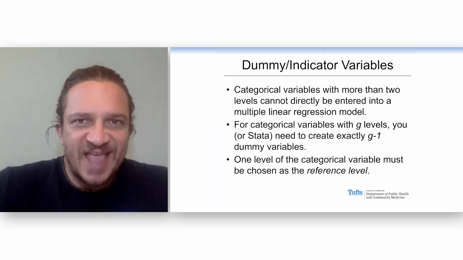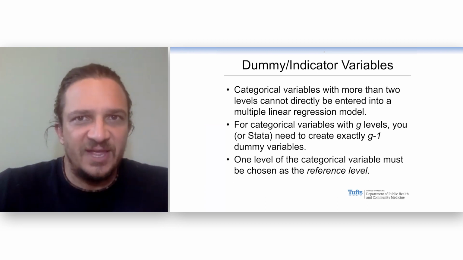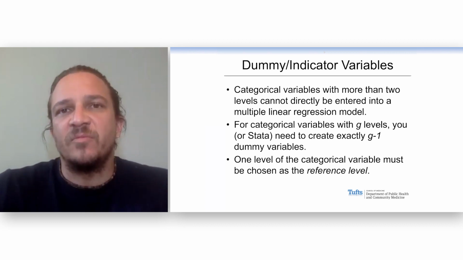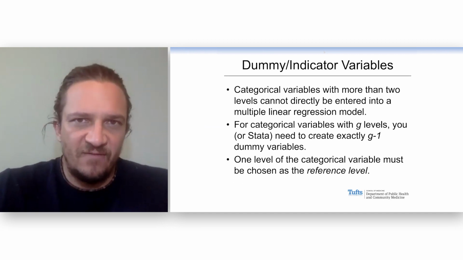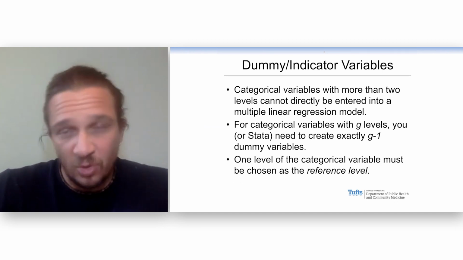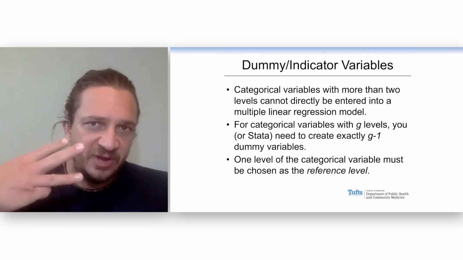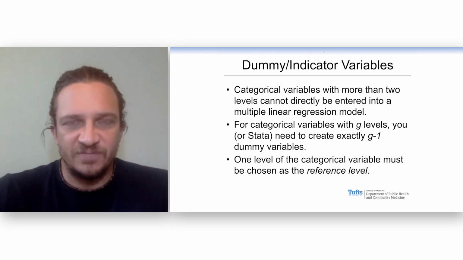So when we have these categorical variables with more than 2 levels, you can't put them directly into the regression model. You first have to make them into binary variables through what are called dummy or indicator variables. And the way this works is you, or Stata, if you have a variable that has 4 levels, you need to make 3 indicator variables to code that information.